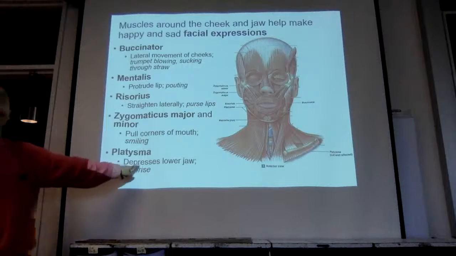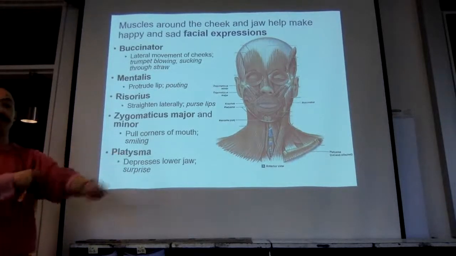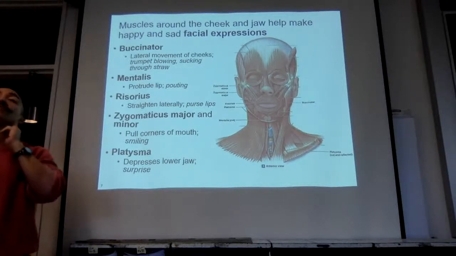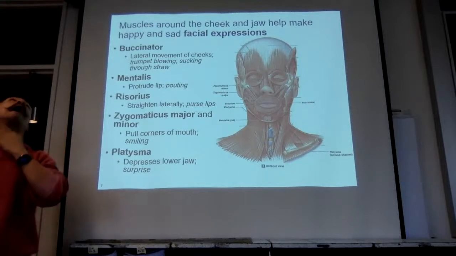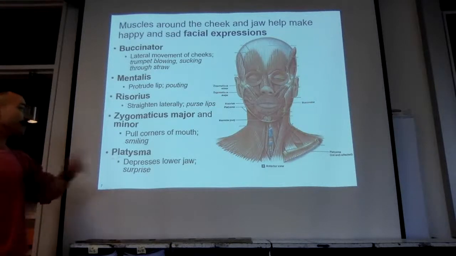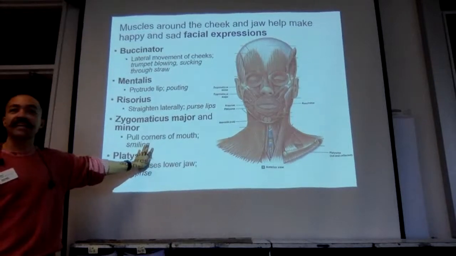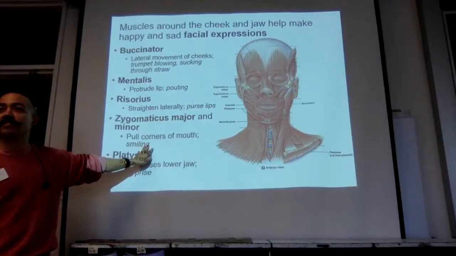If you want to lower your jaw or have that surprise look like we saw in that first image, there's this large flat muscle that connects from the mandible all the way down to the sternum. That's the muscle right here. It's called the platysma. Where have you seen that root before? Platy. A platypus, yeah. And what's special about a platypus?